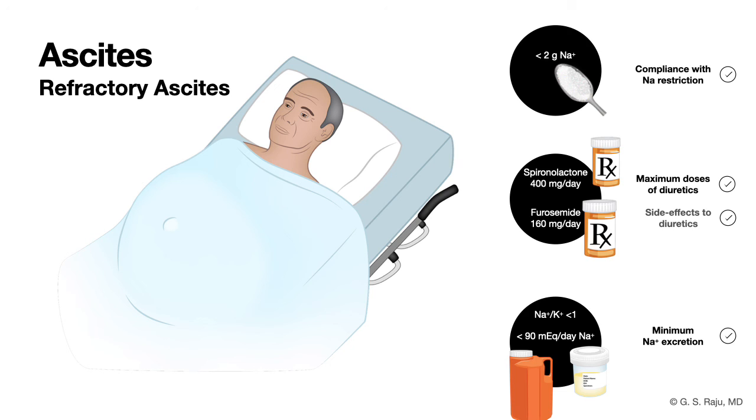Then you consider the patient has refractory ascites. So in this situation, you have limited options. How do you manage the patient's ascites? And that's when the question of large volume paracentesis comes into the management of patients with cirrhosis.